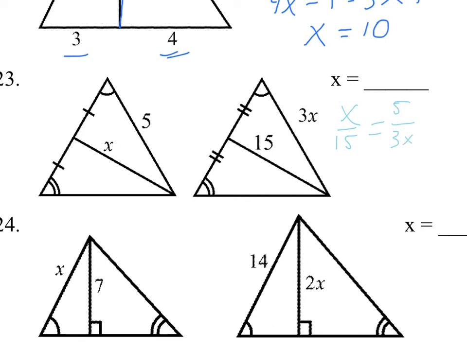So, cross multiply, we end up with 75 equals 3x squared. Solve for x, and x squared equals 25. We'll take the square root of both sides, and we get x equals 5.